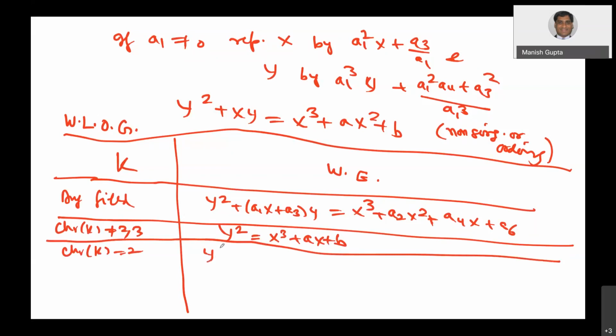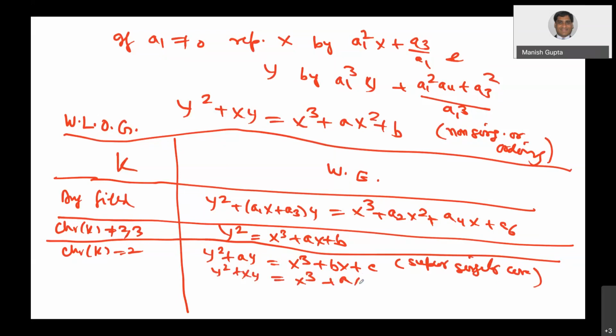In one case, it is y square plus ay is equal to x cube plus bx plus c, and this is known as a supersingular curve. Right, and the second case is y square plus xy is equal to x cube plus ax square plus b. This is known as an ordinary curve.